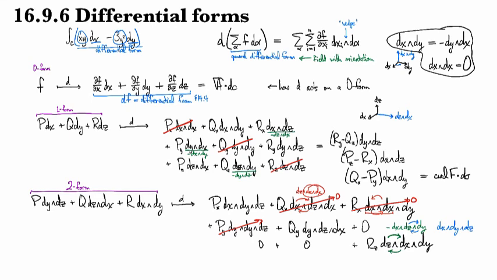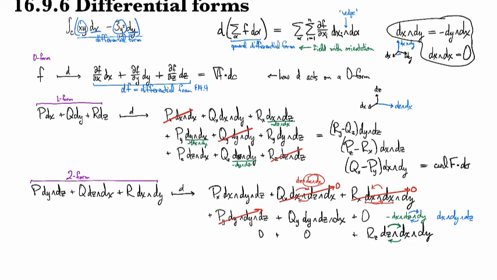Similarly, if I interchange these two, I get that, and I pick up a minus sign. And then if I interchange these two, then I'm back to dx, dy, dz. So what do I get here?